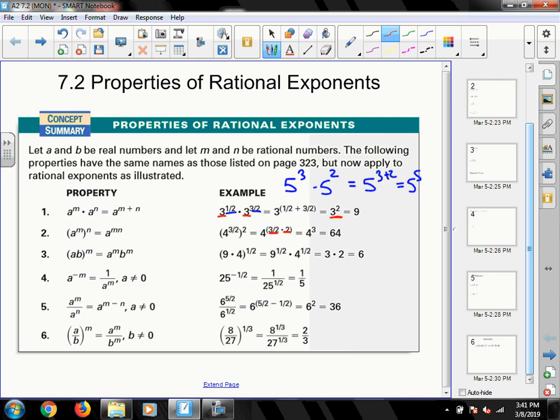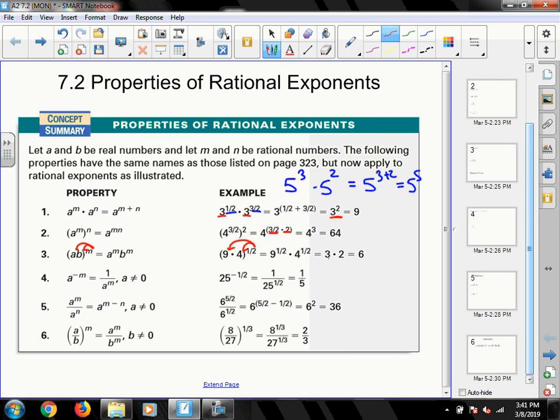This next one, everybody wants to overuse way more than they should. This only works with multiplication. So a times b to the m, you can think of this as a little mini distributive property, and distribute that exponent to both of them. If I take 9 times 4 to the 1/2, I take the 1/2 to the 9 and the 1/2 to the 4: 9 to the 1/2, 4 to the 1/2.